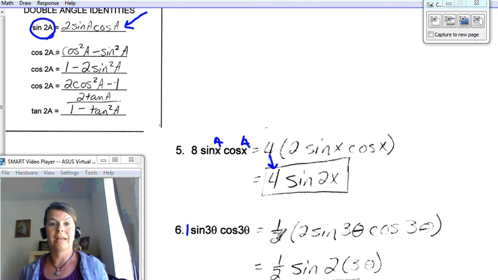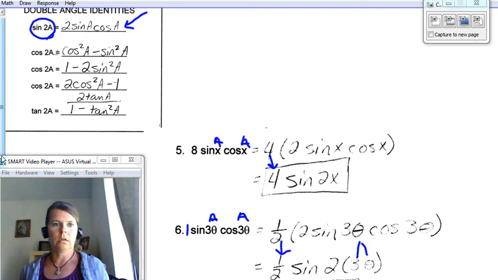So they factored out a 1/2. And then 2 sine, our A is 3 theta. This is our A. So you have 2 sine 3 theta cosine 3 theta. So this changes into sine 2 times 3 theta because here's our A. And then you just had to bring that 1/2 down, sorry.